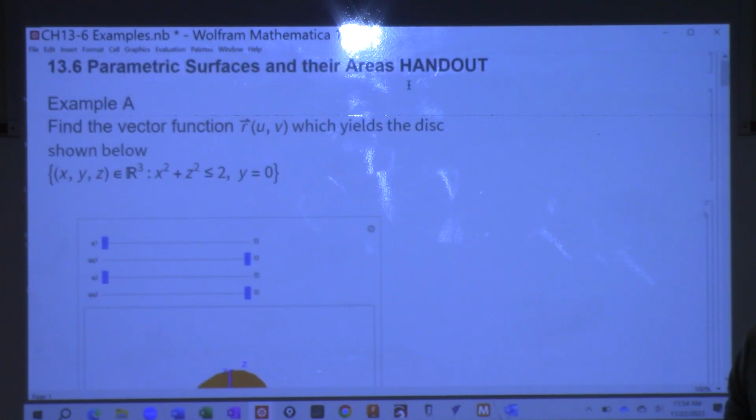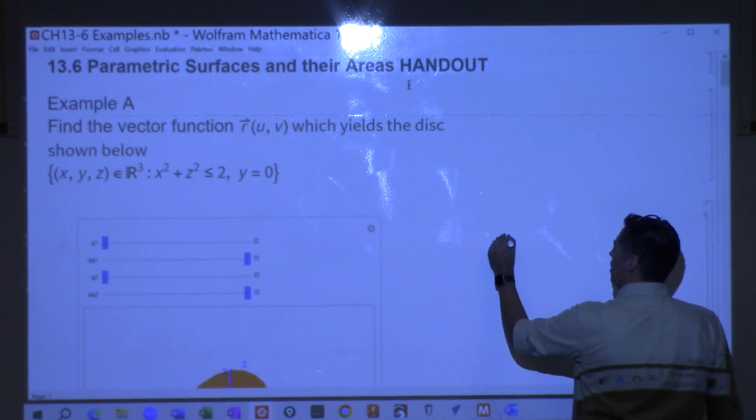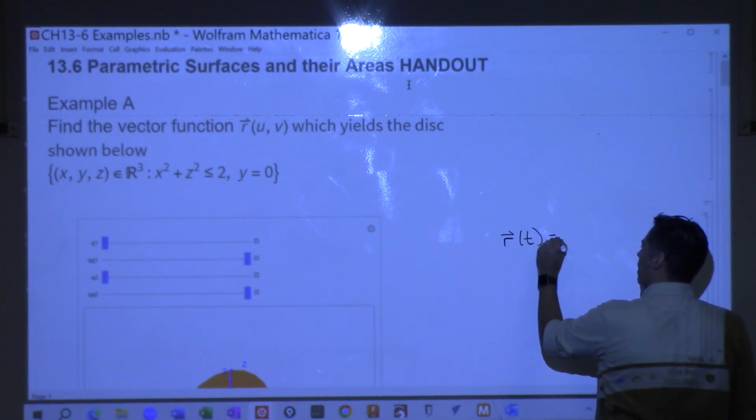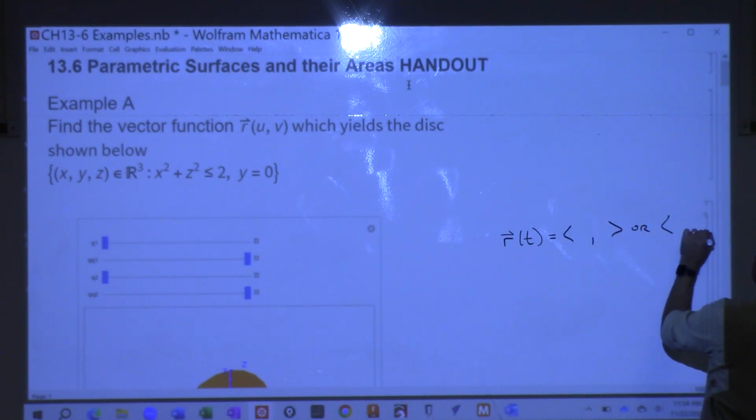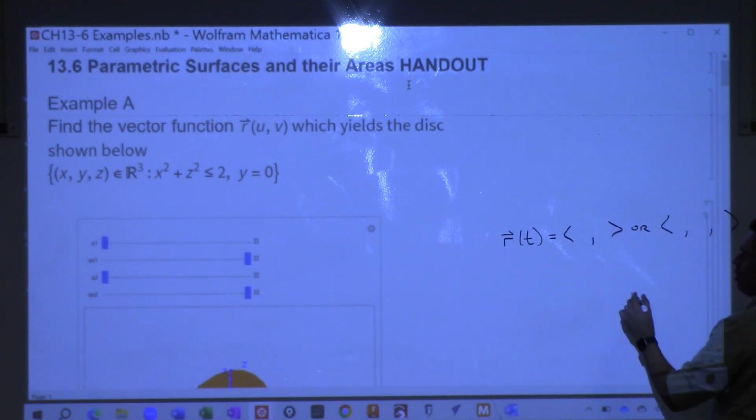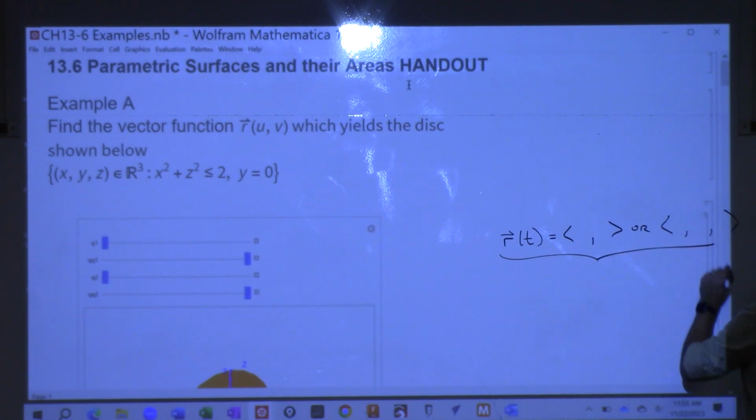The whole idea here is what I brought up last class: when you write r of t equal to a two-dimensional vector or a three-dimensional vector, what does this draw? What is r of t? A vector function of a single variable that spits out either a two or three component vector. What does that draw?